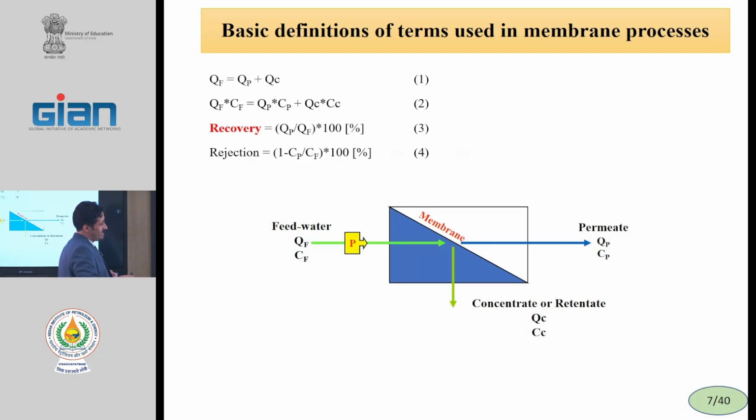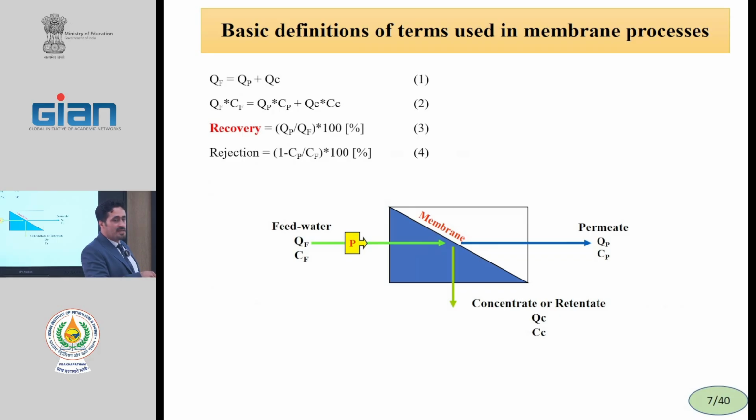In most cases, when we test the membranes as a cross flow test, that's UF, RO, NF, and some gas separations, we have a feed stream that comes to the membrane surface and divides into two phases.